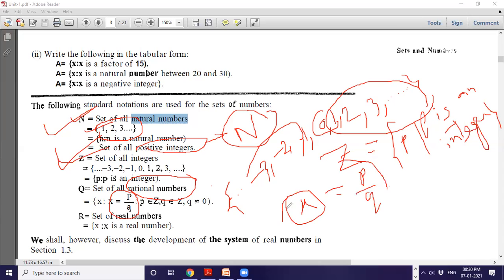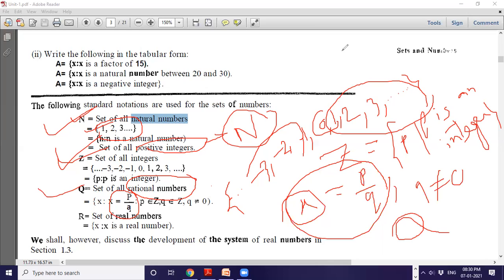I can write every rational number in the form of p by q. Here one condition will exist, that is q should not be equal to 0. If q is equal to 0, then this will become infinity. To represent these rational numbers, we use capital Q. So capital Q represents the set of all rational numbers.